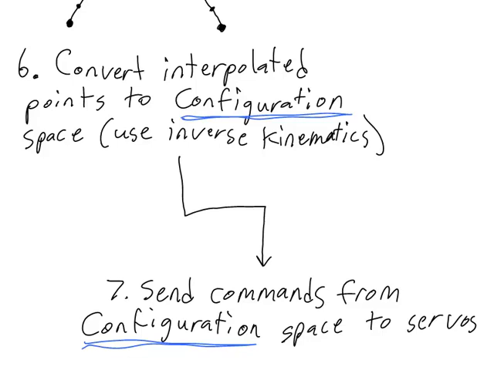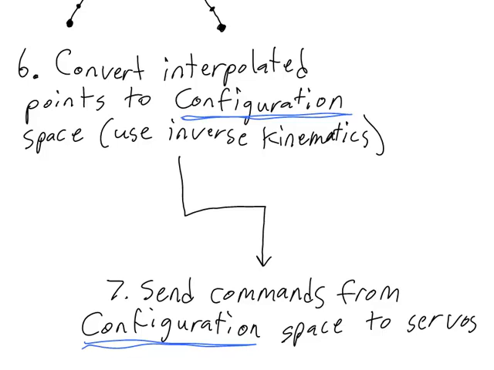The last step, which is the same for both approaches, is to send commands from the configuration space to the servos. In other words, we take each of those interpolated points, which we've now converted back to configuration space, and those are the commands that we send to the servos.